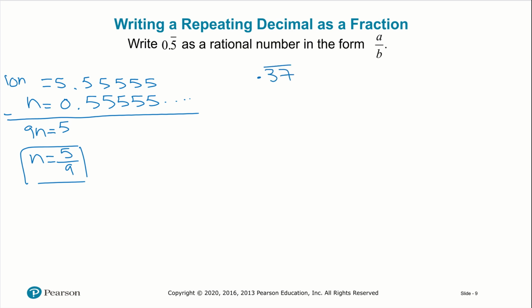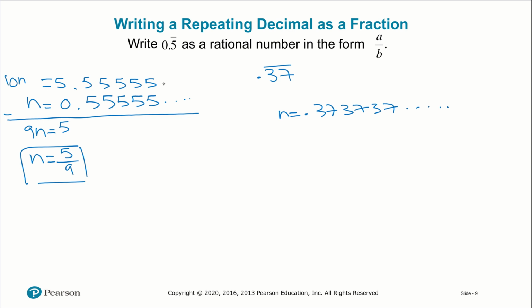0.37 bar, right? Now this time I'm looking at a repeatend with 2 digits, right? So this time I'm going to go ahead and write down the n as 0.37, 37, 37, etc., right?